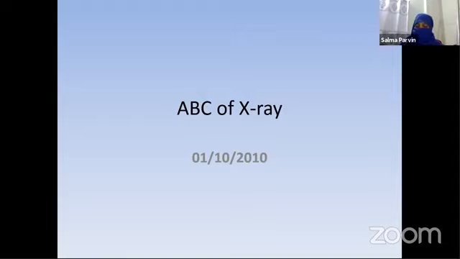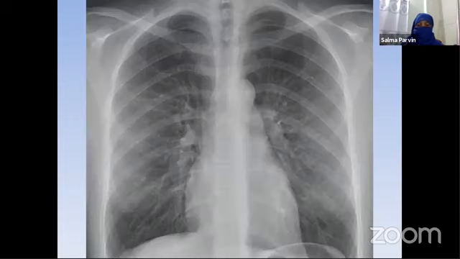Bismillahir Rahmanir Rahim. Alhamdulillah, we are going to start with a very essential topic for the medical sciences, ABC of X-ray. Here, we are going to be concerned with a chest X-ray, basically a normal chest X-ray.